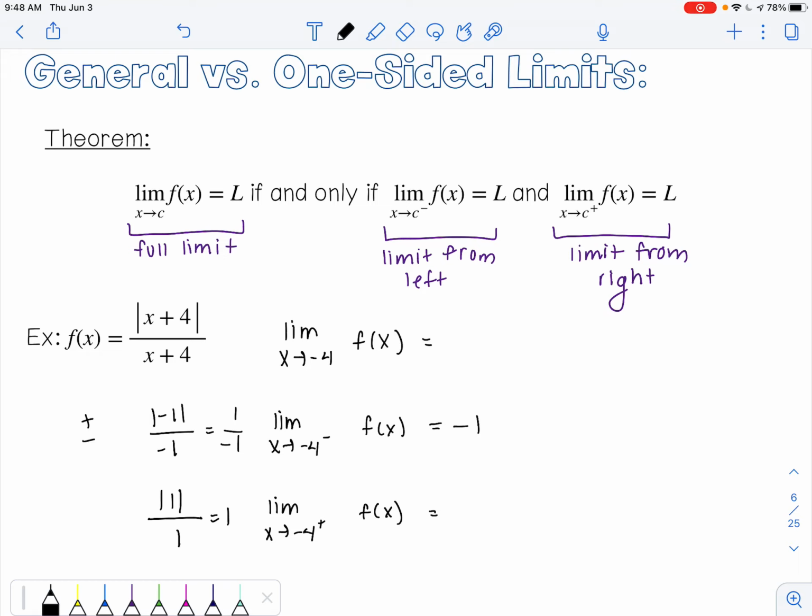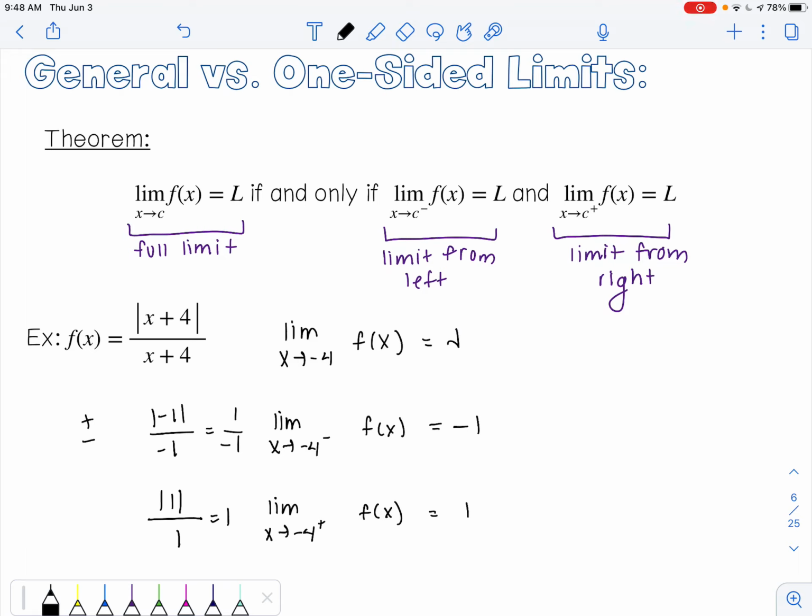That's going to always be true for any number to the right of negative 4, because the absolute value sign on top is not needed: any number bigger than negative 4, plus 4, is going to be a positive value. So you get the same number over itself, which is positive 1.